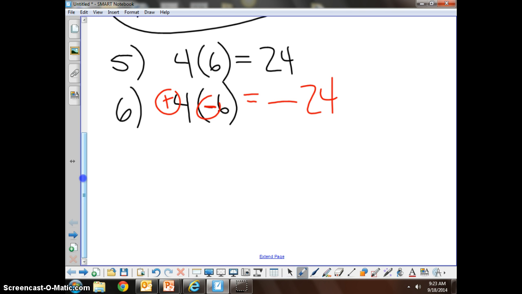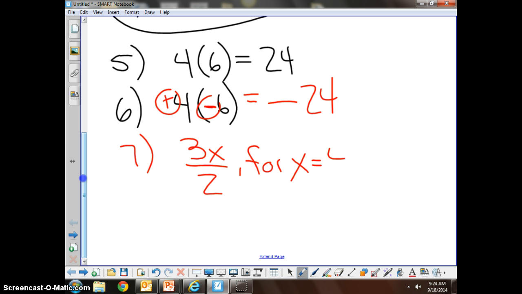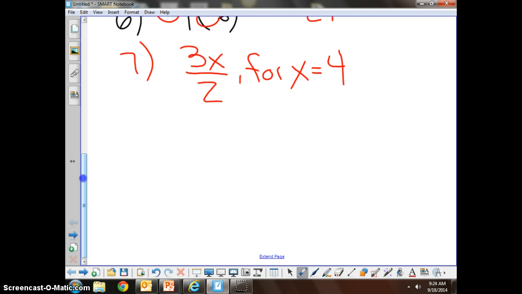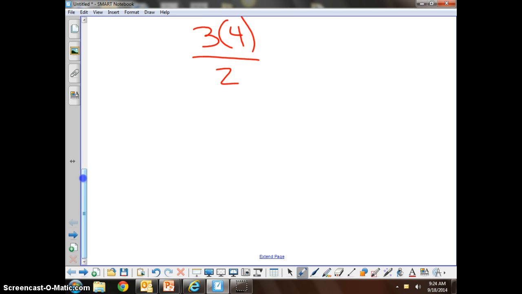One thing that I do want to look at is if algebra is thrown at you for some of these problems. An example may be, and this is not anything that we haven't done so far this year, if you have a problem like 3 times x divided by, let's say, 2, and they tell you x equals, let's say, 4, you simply are going to plug in the 4 for x and continue with your order of operations, in which, as you know, at this point in the year, you have to show me every single step.